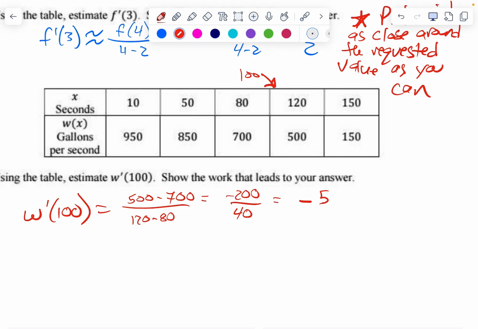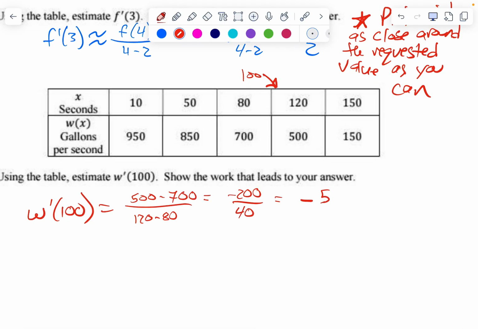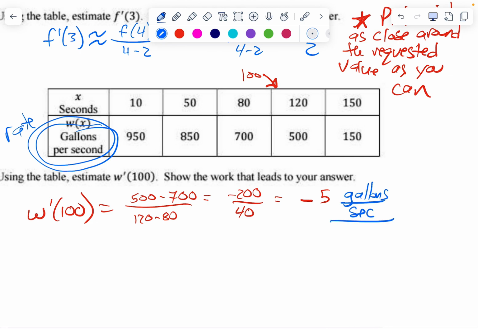And we have 30 seconds or so. What are we going to label this negative 5? It is W prime, so first of all, it's a rate, which means there's a per in there, but there already was a per in W. Do you see that? This is already a rate. So this is going to be gallons per second.